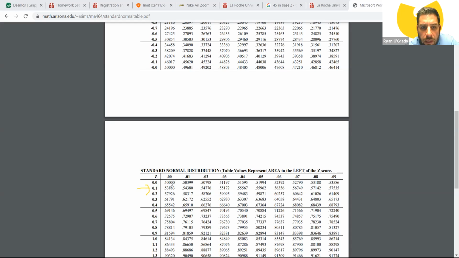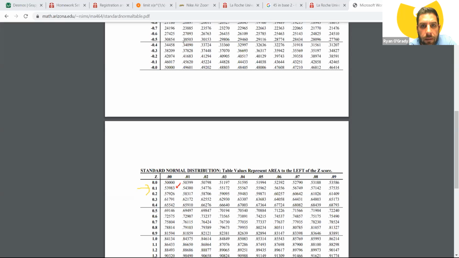So the answer that I'm looking for is this value right here. So again, I go down the vertical column to find the first decimal space or the ones digit. And then I go across to find the second decimal or the hundredths, as you might remember it is called. So what I get is 53983.